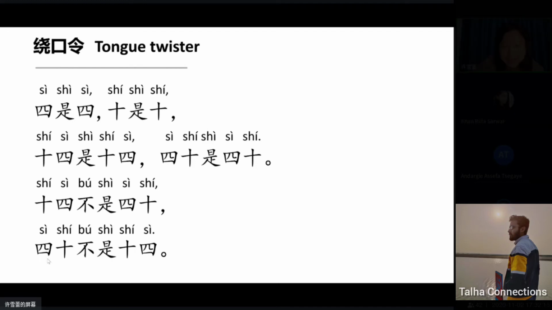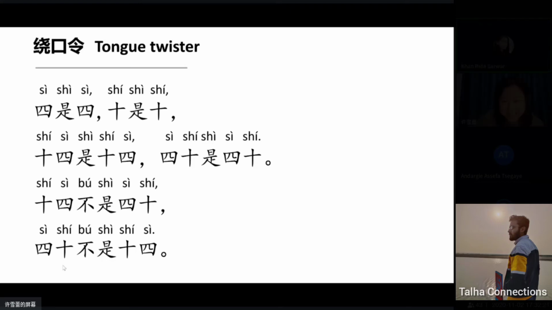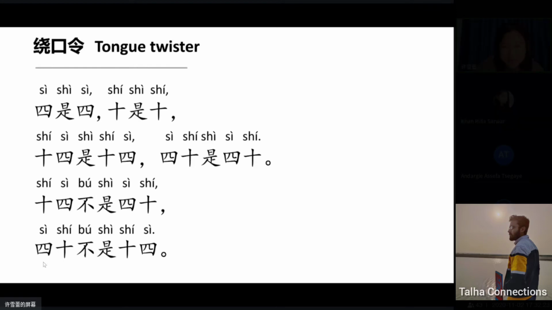And 40不是14. The last sentence. 40不是14. 40 is not 14.